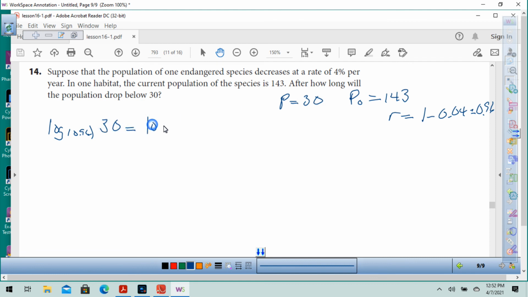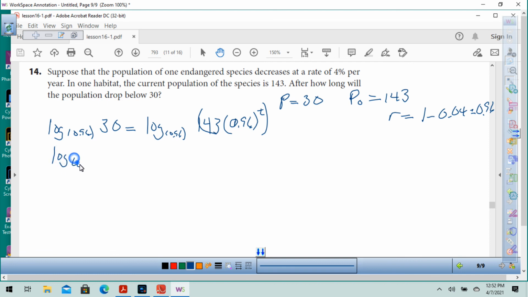Equals log 0.96, and we're going to have 143 times 0.96 to the t, and all of that is in parentheses. Okay, now we can do like we did before.